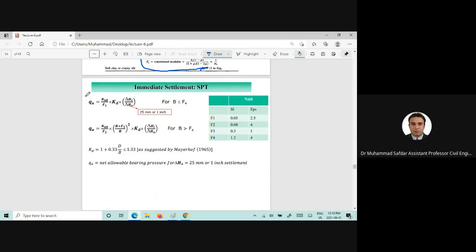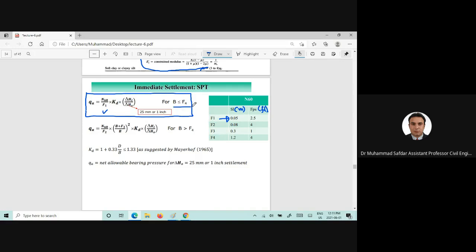Please kindly note down this equation. Now, Q_A is the Q allowable, N60 is the corrected N60 value, which we obtained from the SPT-N value. F1 and F2, you can note down that F1 would be 0.05 meter, and this one would be in feet.